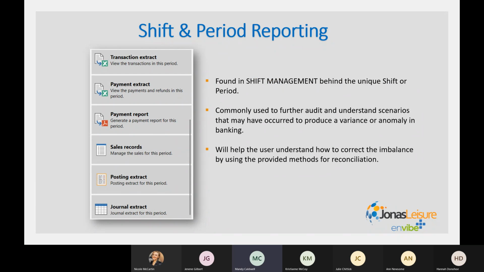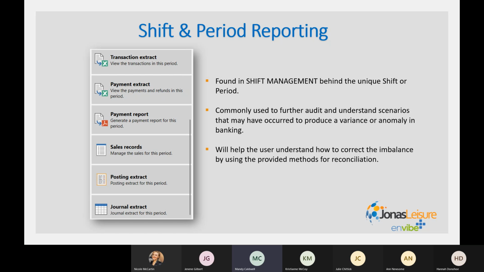Okay, so we've covered shifts and periods that occur during the business day, but let's turn our imagination now to someone working at the desk, Alicia. She's counted her money and she's recorded a variance in her count compared to her expected. So in shift management, we can use reports to assist in finding her variance from the shift.